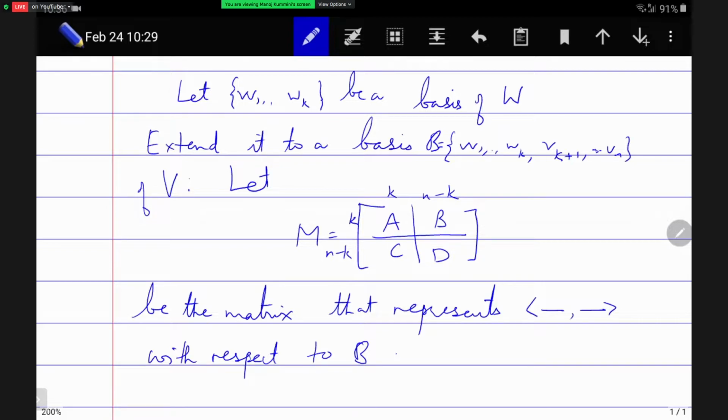So now what we want is a basis in which the Vk plus 1 through Vn are chosen from W perp.